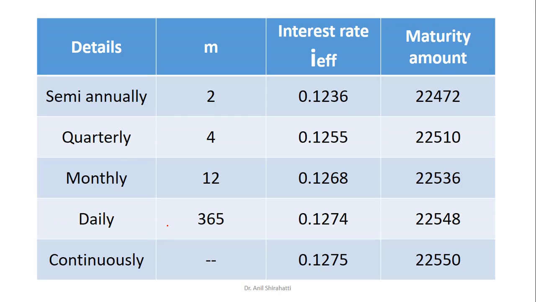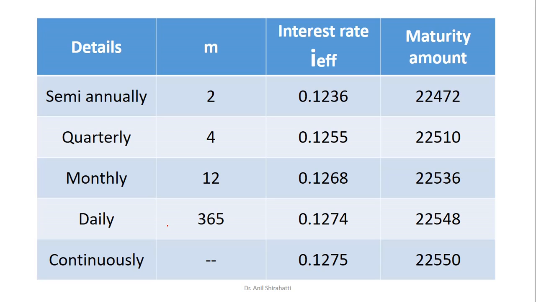Okay, so semi-annually m becomes 2, I effective is around 12.36, and maturity amount is 22,470. For quarterly it is 4, amount is 22,510. Monthly it is 12, effective interest rate is 12.68, and the amount you are getting is 22,536.